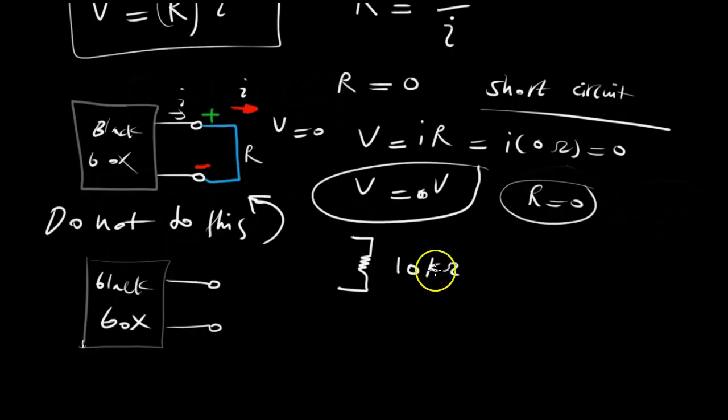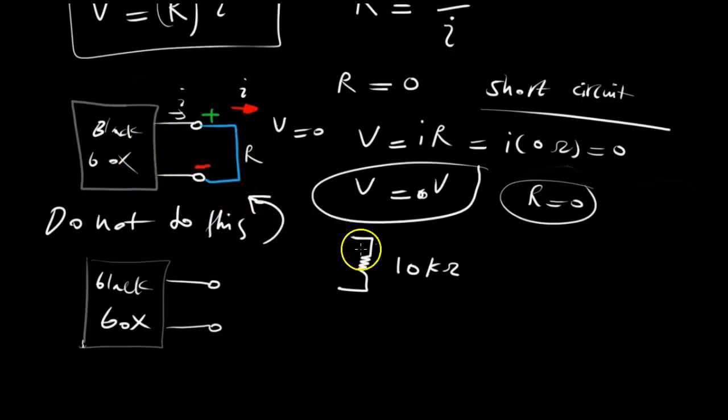You put a 10,000 ohm resistor maybe, and see what the voltage drop across it is, and use Ohm's law to see what the current is through it. Using that and a few other resistors, you can see the response of this system to the voltage and current or the resistance that you put in, and that way you can predict what kind of currents and voltages you'll be dealing with.